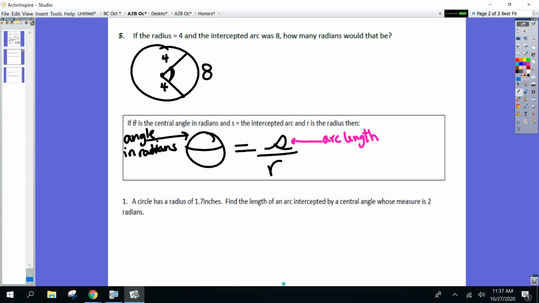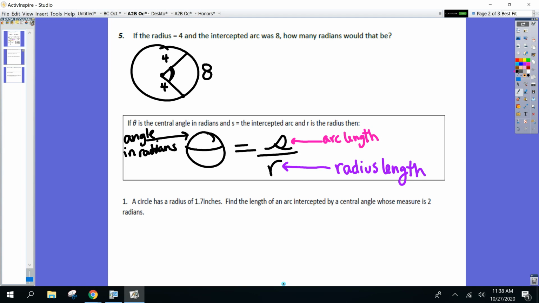That angle can always be found by taking your arc length and dividing it by the radius length. Get used to that formula, please. You need to know that one. It's not on your formula sheet, but hopefully you use it enough that it'll become second nature.